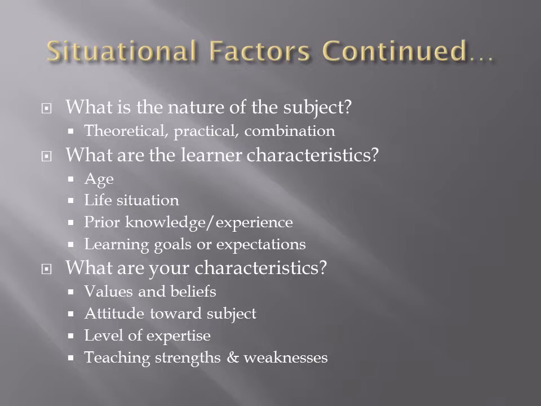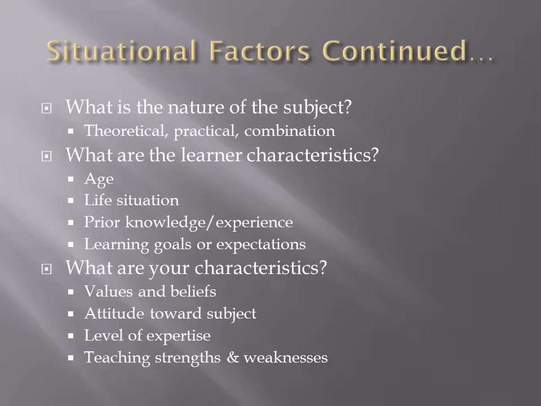What are the learner characteristics? What is age? Their life situations, any prior knowledge or experience? For example, teaching the second year of a 2-year program, your courses would be designed entirely different than the first two courses or the first quarter's courses of a 2-year program because in the second year your students have considerable prior knowledge and experience in the field that your program is teaching them.